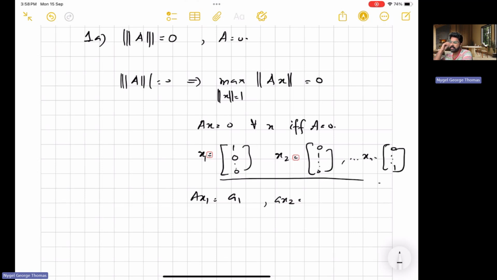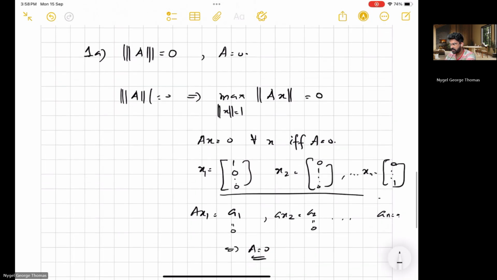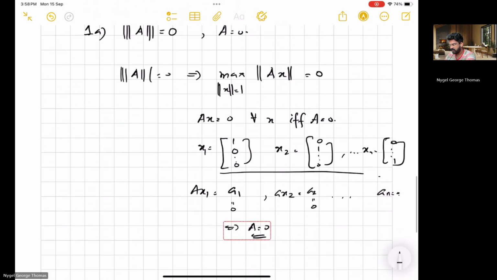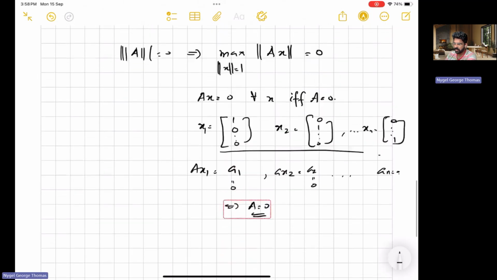From those equations, A1 equals 0, A2 equals 0, and so on up to An equals 0, which implies A is equal to 0. And if A is equal to 0, then the norm is obviously 0. The other direction we can prove easily. So definiteness is also proved.